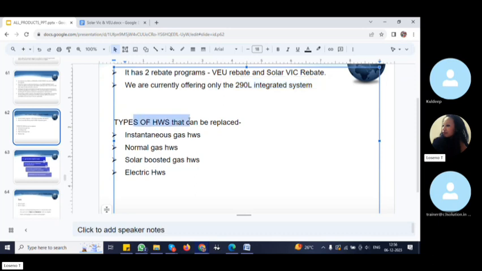Again, it's written here, types of hot water system that can be replaced: instantaneous gas hot water system, normal gas hot water system, the solar boosted gas hot water system, and electric hot water system. So these are the different types of hot water system that you will find with customers. And these systems are all eligible for the replacement.